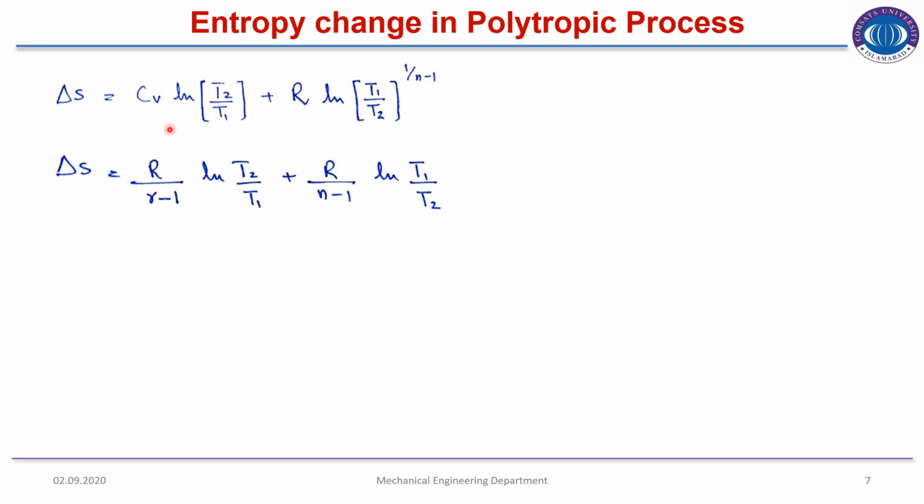So we have replaced Cv with R over gamma minus 1, natural log T2 over T1, plus R over n minus 1 times natural log T1 over T2.